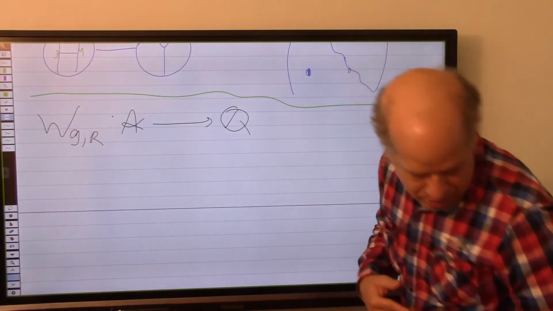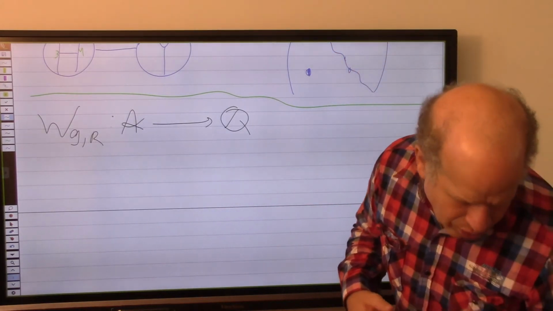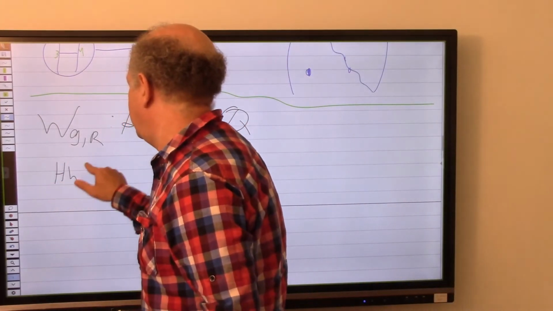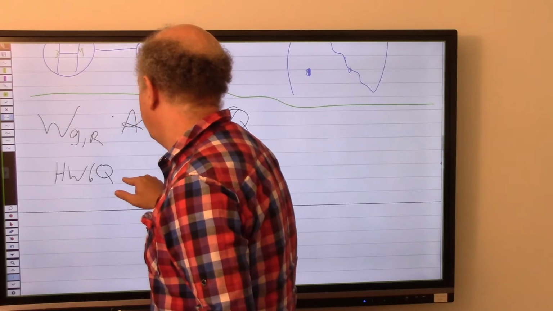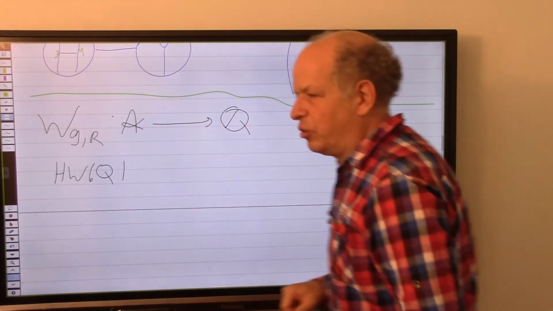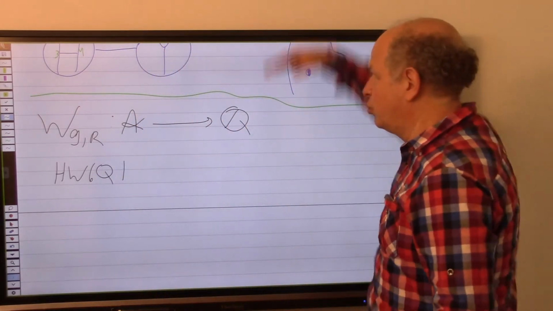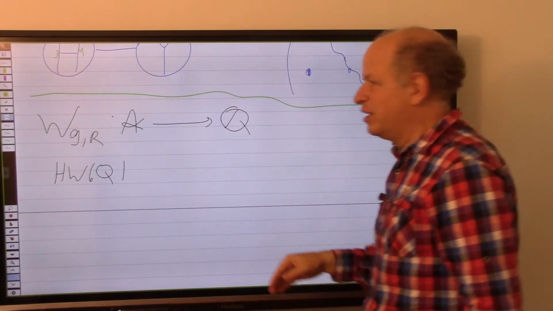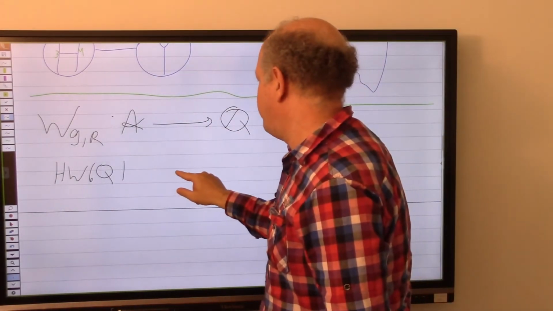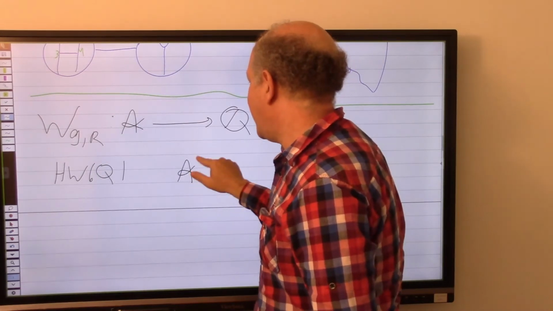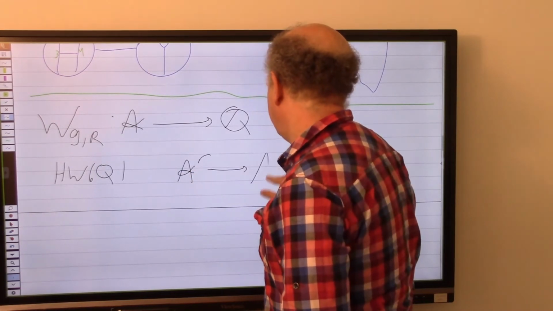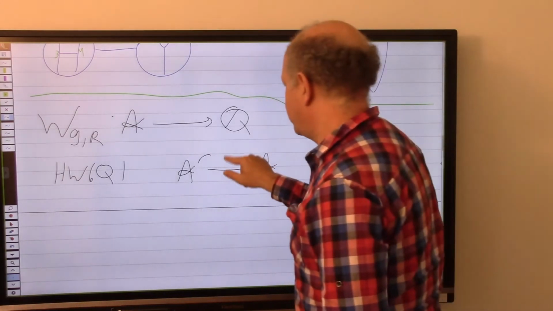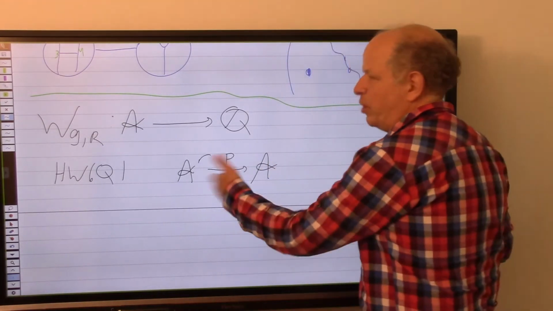So that was precisely the point of homework 6, question 1. Homework 6, question 2 was what we talked about before. But homework 6, question 1 constructed a map from A^R into A. I think it was called P. And it's a super well-behaved map.